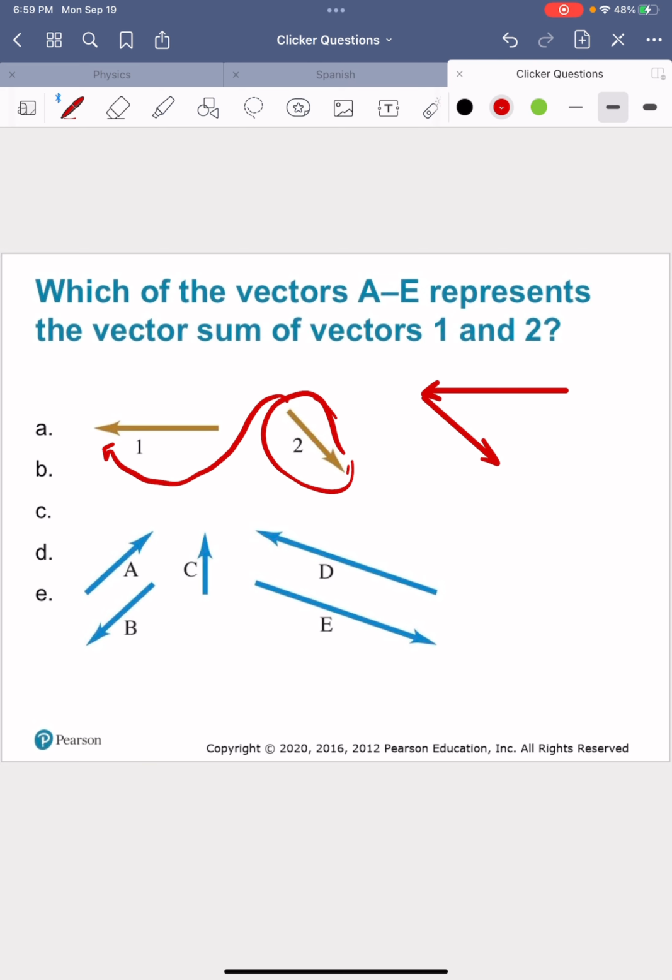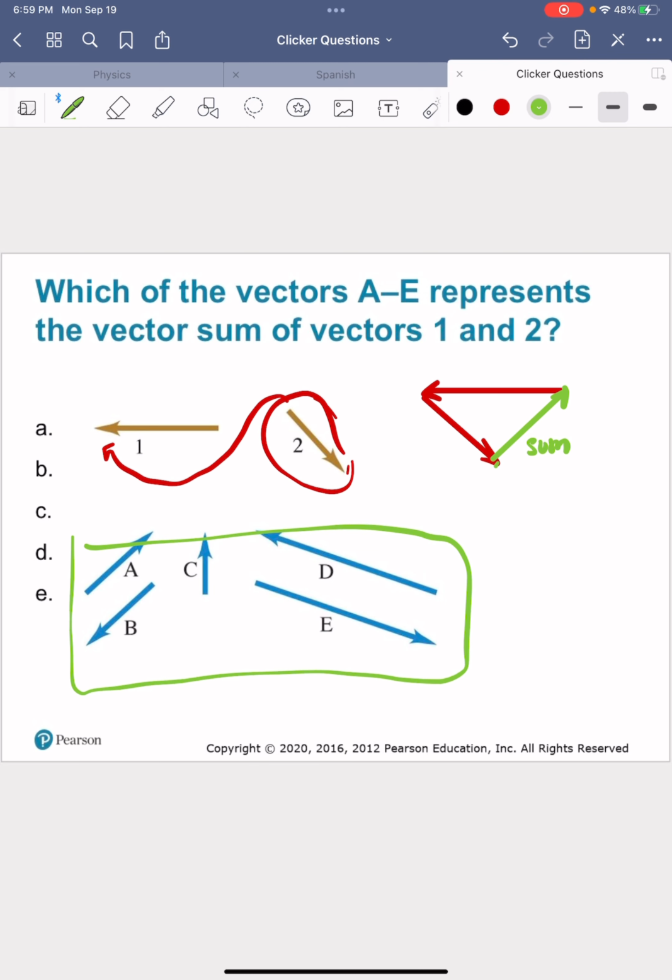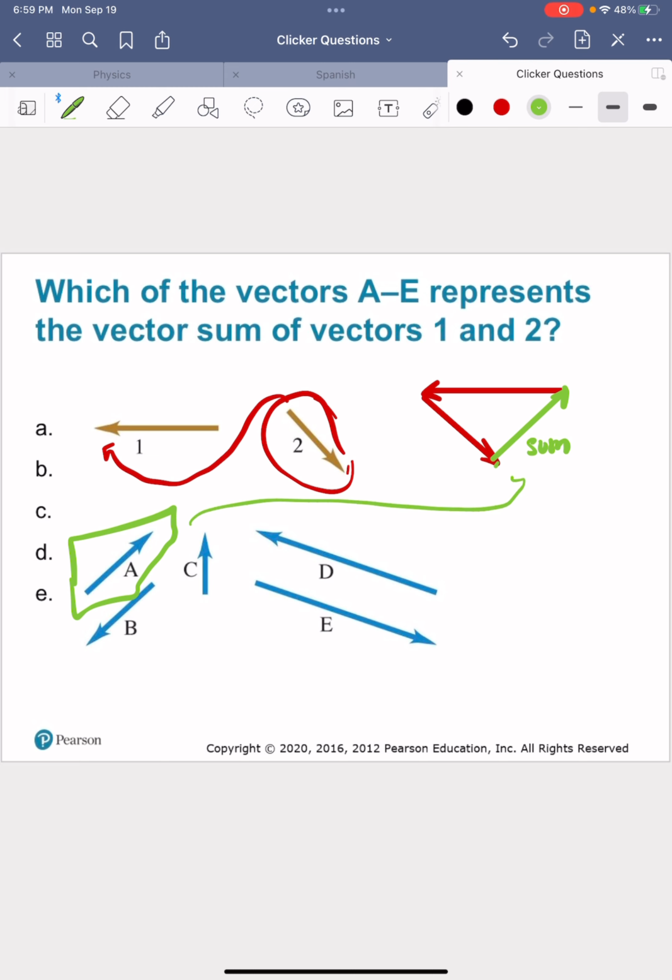Now we just connect these 2 points, which will give us the sum of these 2 vectors. Comparing this sum to all of these vectors, we can see that vector A has the same direction as this sum right here. So vector A is the answer.